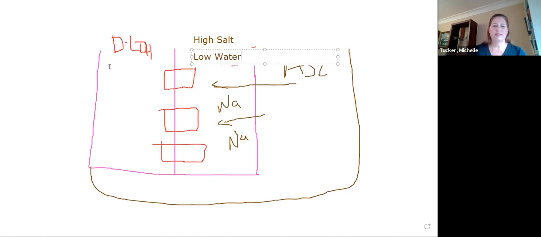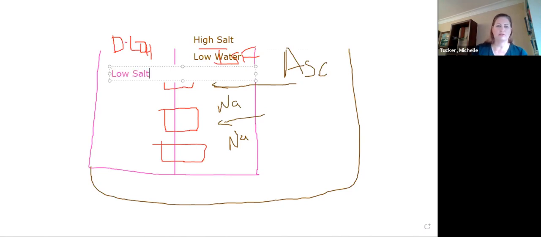In the filtrate in the descending loop, we have comparatively low salt and higher water.